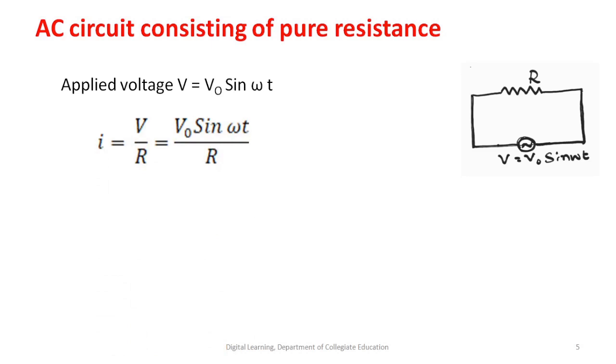We know that the current through the circuit will be I is equal to V by R, where I is the current through the circuit, V is the applied voltage or potential, and R is the resistance of the resistor. So, in place of V, we can write I is equal to V naught sine omega t divided by R. Current at any instant of time is given by I is equal to I naught sine omega t.